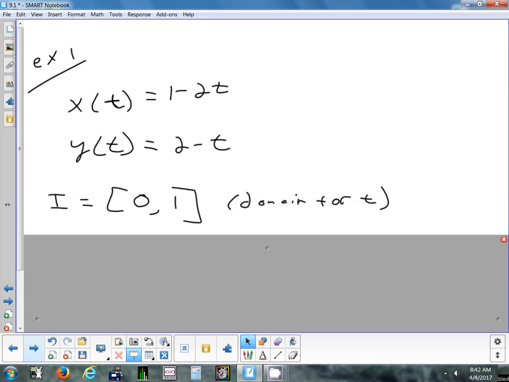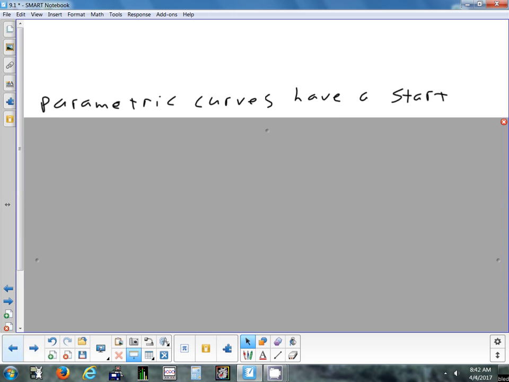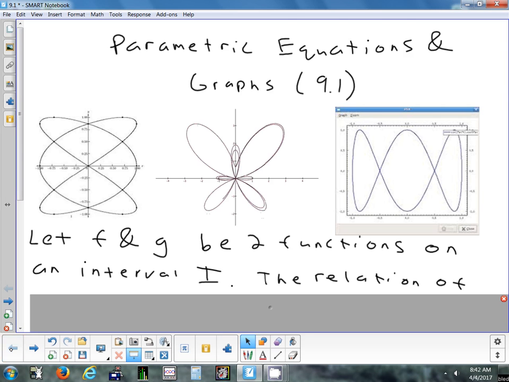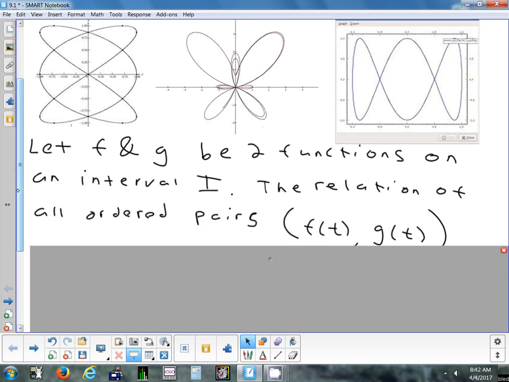Basically, the interval is the domain for t. It tells you what numbers you are allowed to plug in for t. In these two formulas, the only numbers you're allowed to use are 0 through 1. Because there are brackets, you can include 0, and you can include 1.